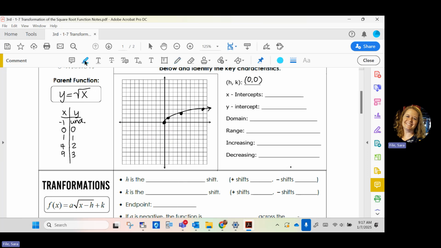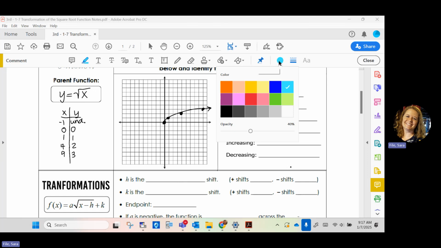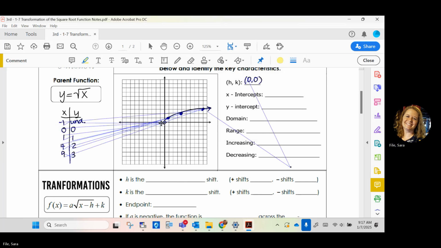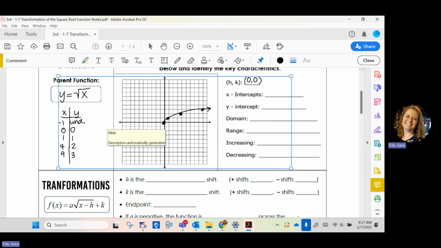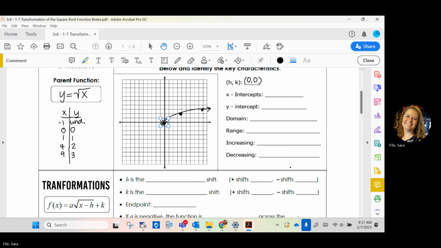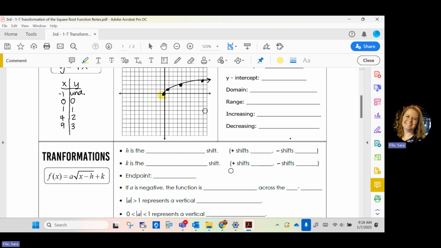So I'm going to highlight. Well, that's not what I wanted to do. Okay, hang on. There we go. So HK is the endpoint. I'm going to write that down here as well.